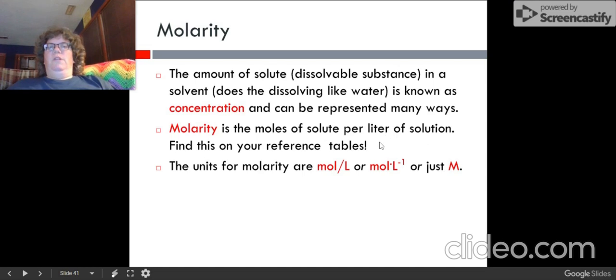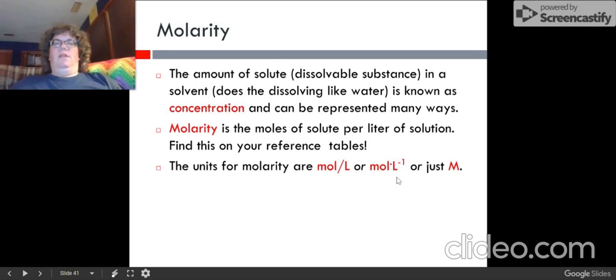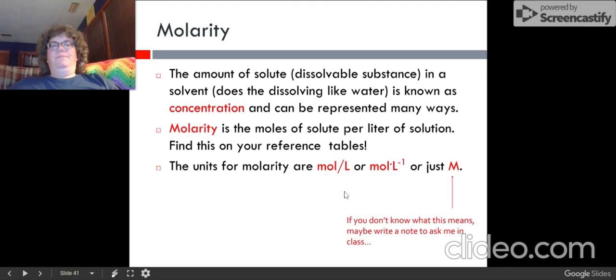So moles per liter. There should be some information about it on your reference tables. Make sure you know where to find that. The units for molarity are moles per liter, which is sometimes written moles times liters to the -1. Remember what you do when you have that negative exponent. Or it can just be abbreviated with a capital M. Sometimes when you see that capital M, that's just molarity.